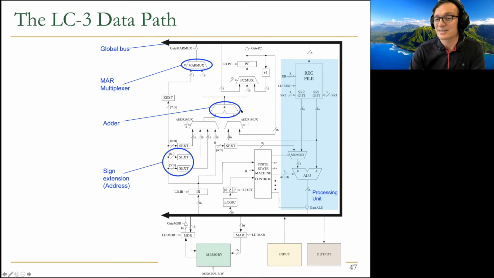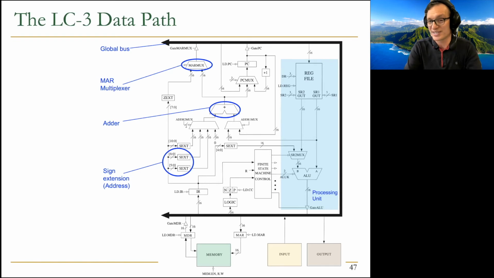You can add that to a base register, for example, coming from here, or you can add bottom 9 bits from the instruction to the PC plus 1. This is PC plus 1, right? So basically, you need to provide the data paths, data connections, muxes, as you can see, and adders to actually calculate the address in the data path. And our data path is now becoming more complicated, as you can see.